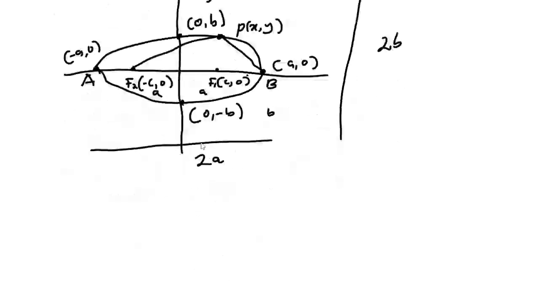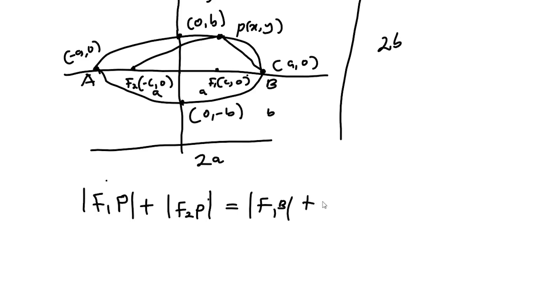From here, the distance from F1 to P plus the distance from F2 to P is the same as the distance from F1 to B plus F2 to B. Now this F1B and F2B, it is going to be that constant that we are talking about, which is our 2a. So how do we get that 2a? Let's derive something here.